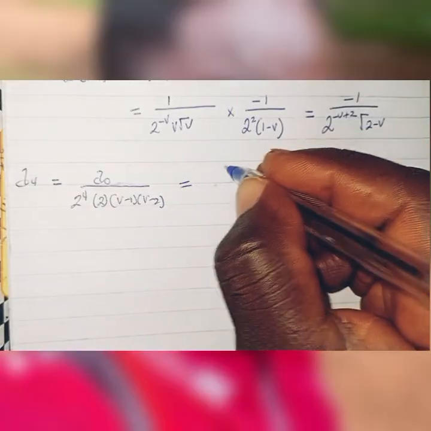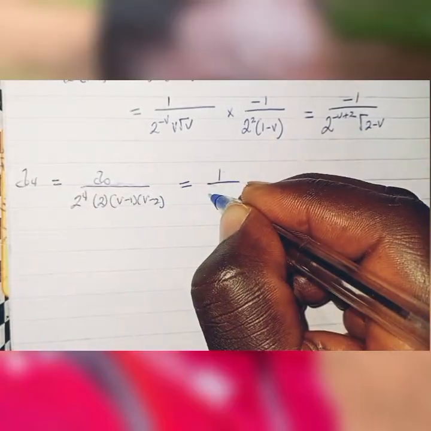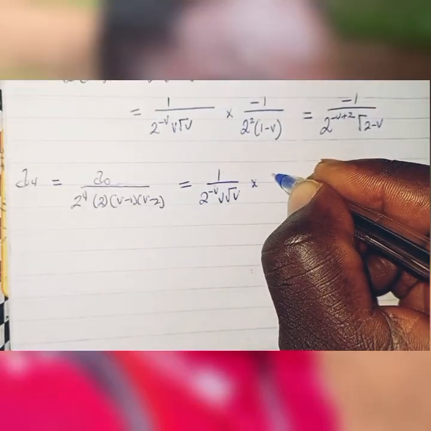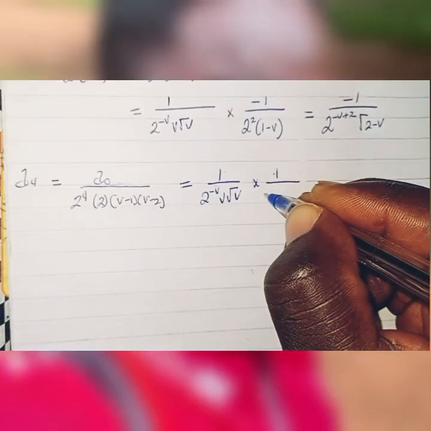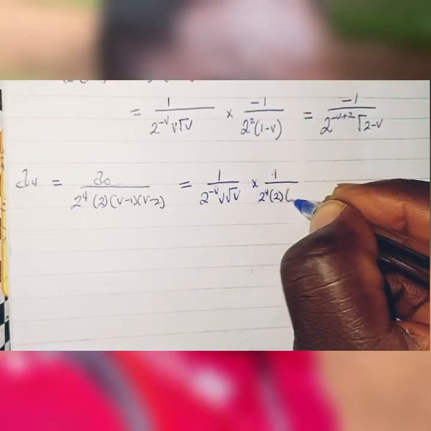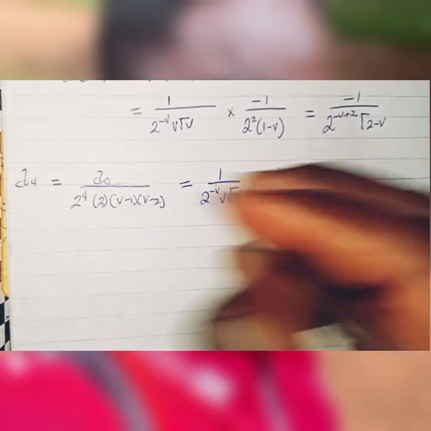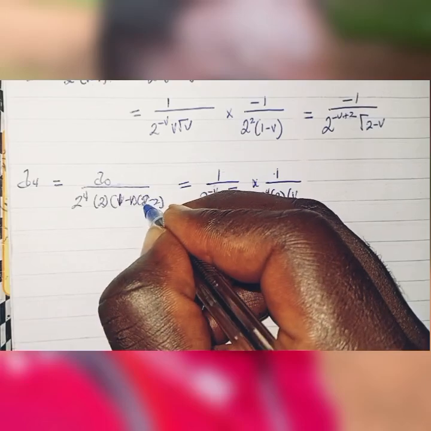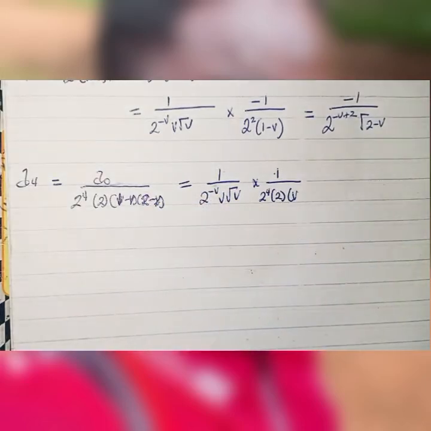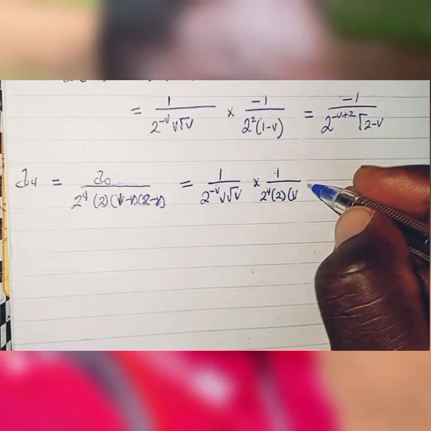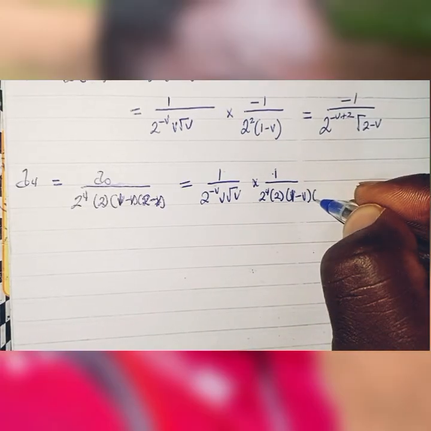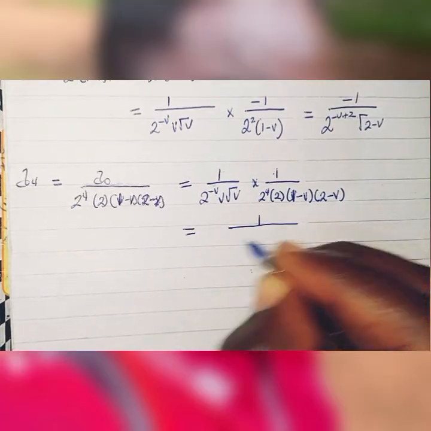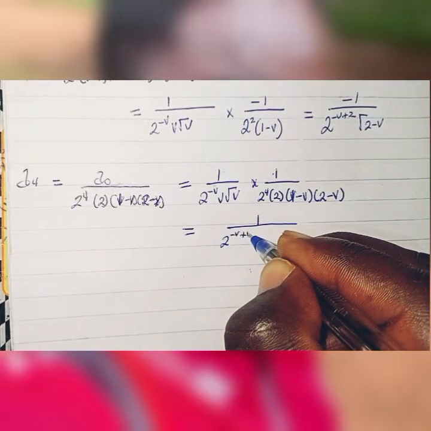So equal to 1 over 2 raised to power minus v gamma v multiplied by 1 over 2 raised to power 4 multiplied by 2, sorry, that will be 1 minus v, rather, and this one will be 2 minus v. So we're going to have 1 minus v, 2 minus v, which is equivalent to 1 over 2 raised to minus v plus 4.